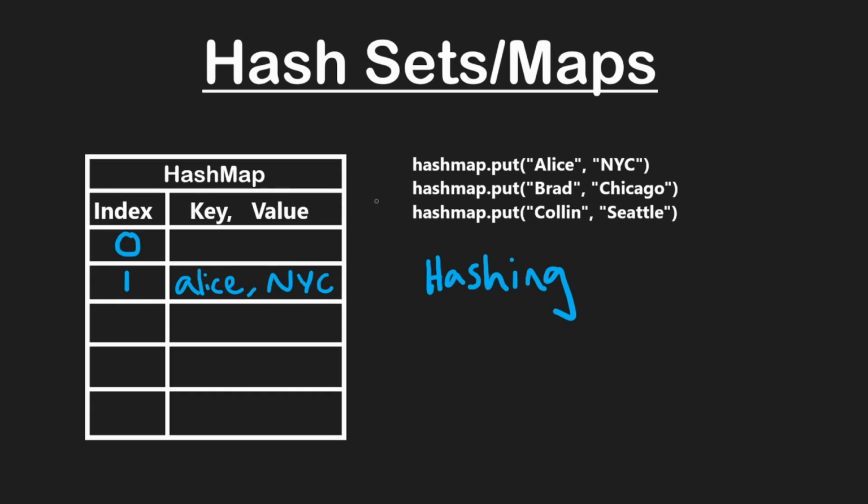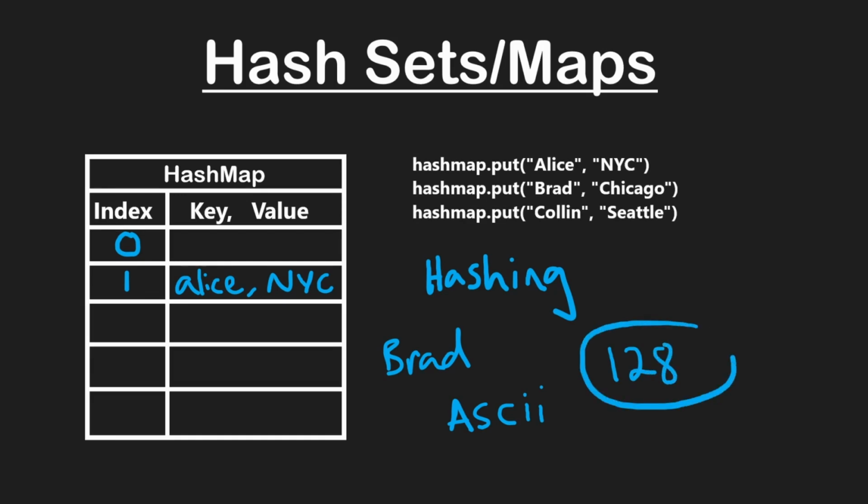Now, we're going to run into a few problems though. Let's say we now want to add Brad to the hash map. Let's say we convert Brad to some integer, taking the sum of the characters. And by the way, when we actually convert a character to an integer, most likely we're going to be using the ASCII representation of the character. There are more complicated ones, but if you're using a set of 128 characters, so a relatively small alphabet size, we could do this.